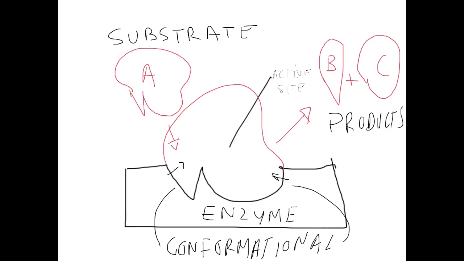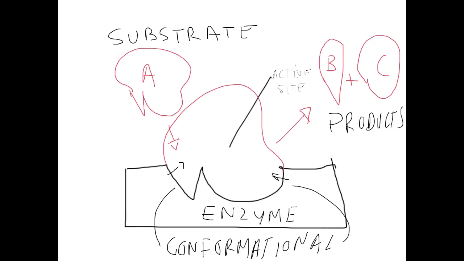Okay, so if we want to control the breakdown of A, we need an enzyme that is going to be complementary to A. So in this case we've got this enzyme, and this enzyme is going to have a specific active site that meets the particular three-dimensional shape of that substrate. It can then catalyze the reaction, forming products.